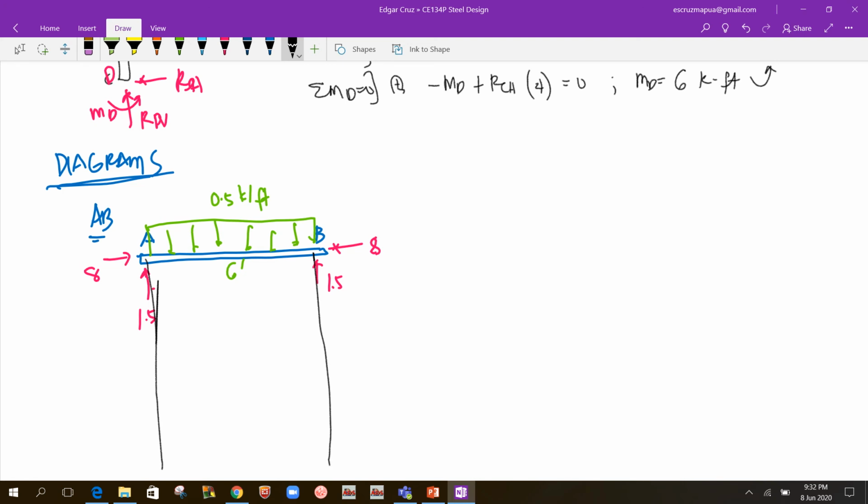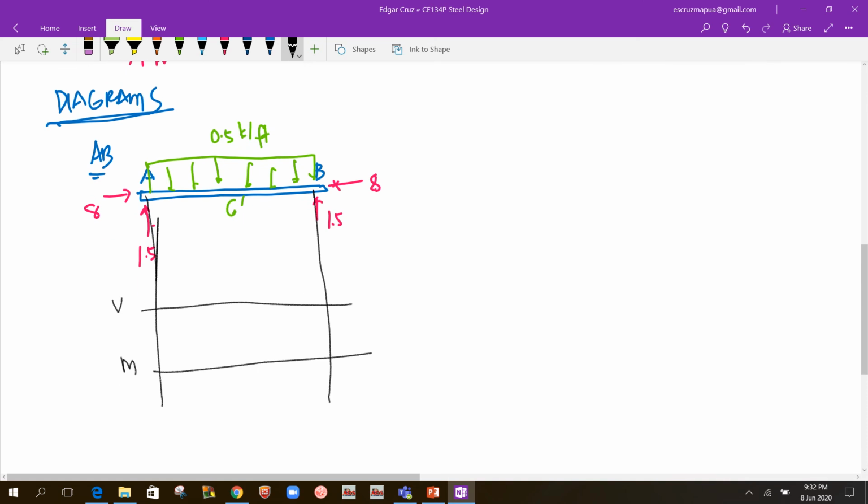It's simple. Let's start with the shear diagram, then later we'll have the moment diagram, and the last part would be the axial diagram.